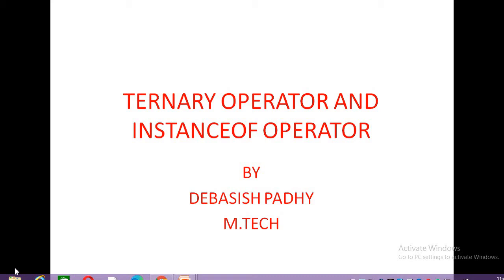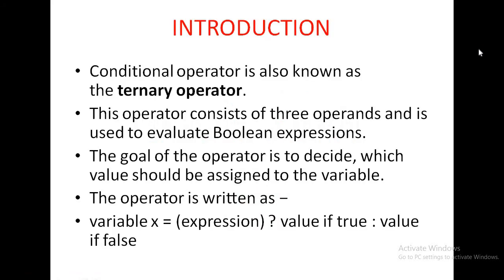We will discuss them briefly today. So let us start with the ternary operator. Another name of the ternary operator is the conditional operator. Conditional operator or ternary operator, both are the same.